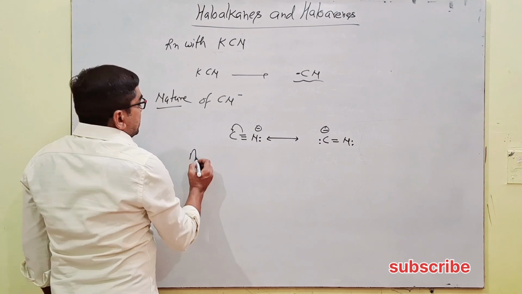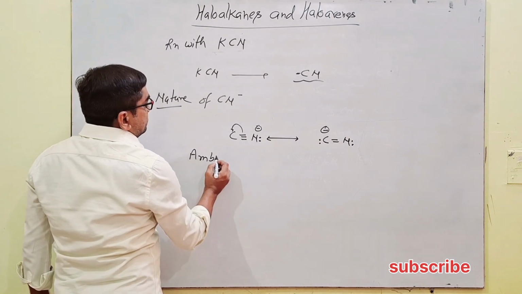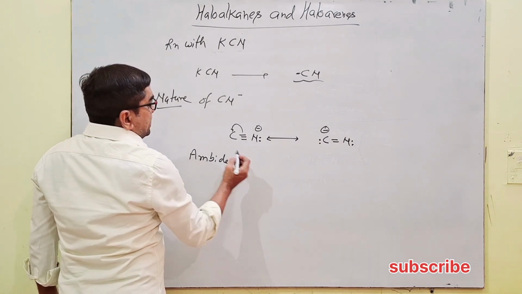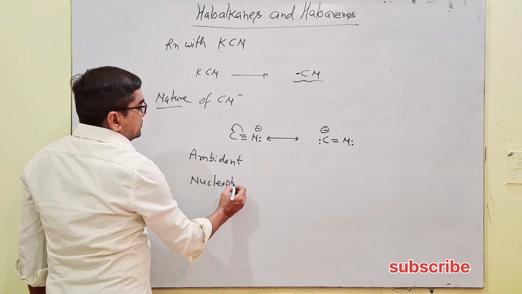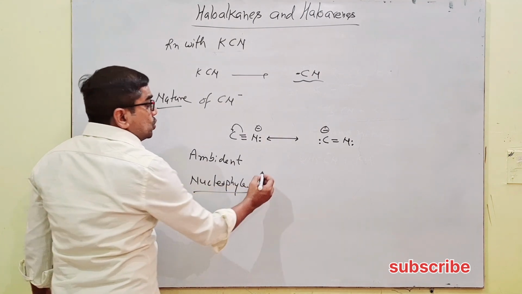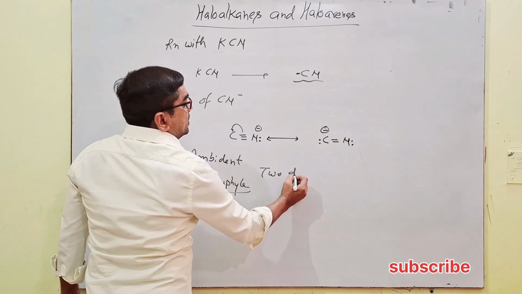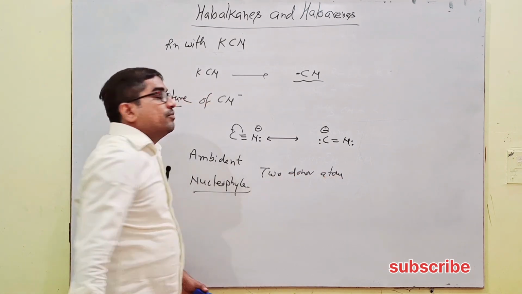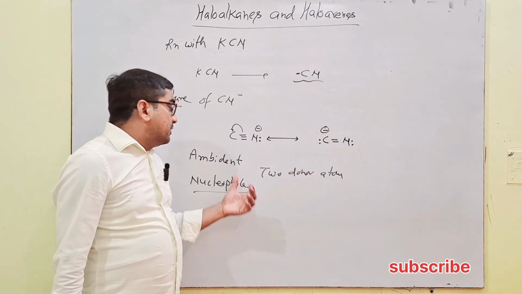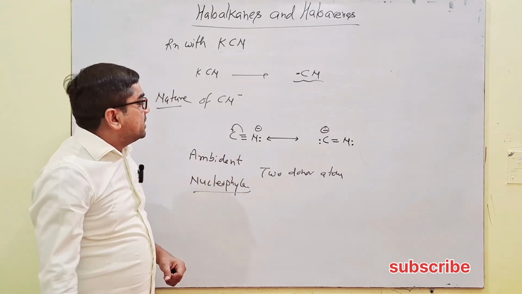What is ambident? Ambident nucleophiles are those that have two donor atoms. जिनमें टू डोनर एटम प्रेजेंट होते हैं वो एम्बीडेंट न्यूक्लियोफाइल और एम्बीडेंट लिगेंड्स होते हैं.